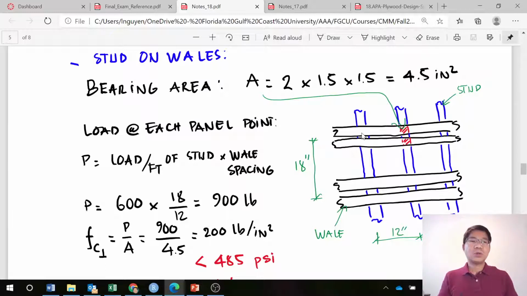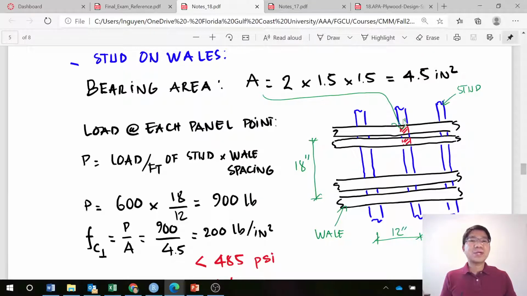animations in there. So the studs are vertical, the blue one, and the walls are double 2x4 and horizontal, as you can see here. The bearing area is the contact between the stud and the wall. There are two walls, so you have two, and each cross section 2x4, the actual size is 1.5 inch times 3.5 inch for 2x4 nominal size.